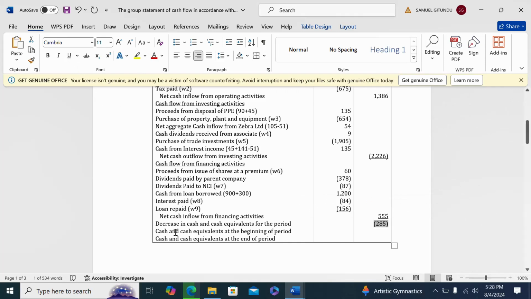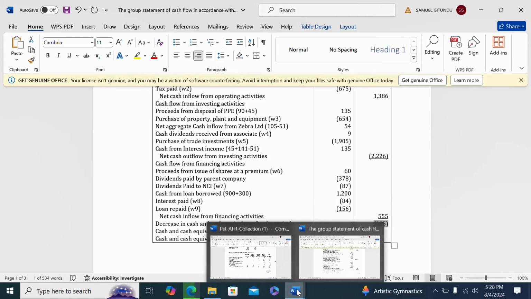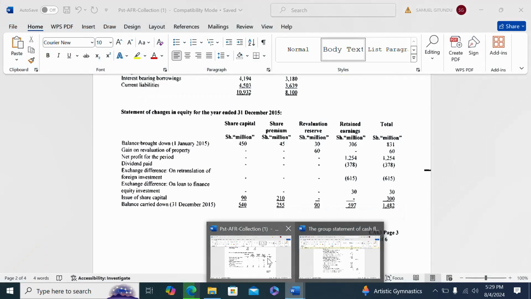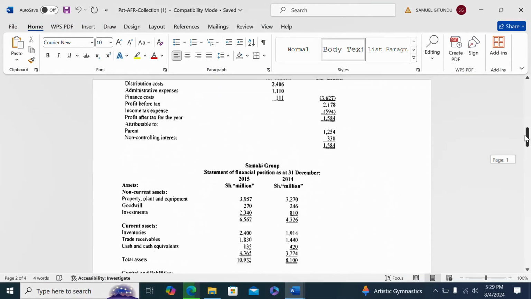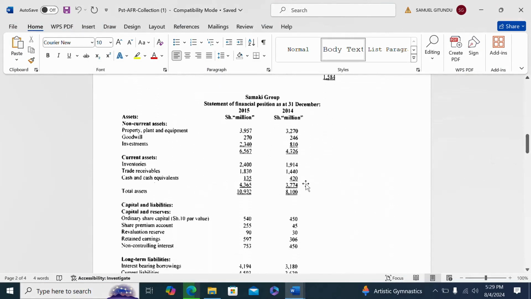And then what was the amount of cash and cash equivalent at the beginning of the period? You can check that from the statement of financial position. The cash and cash equivalent at the beginning of the period were 420, and at the end of the period were 135.